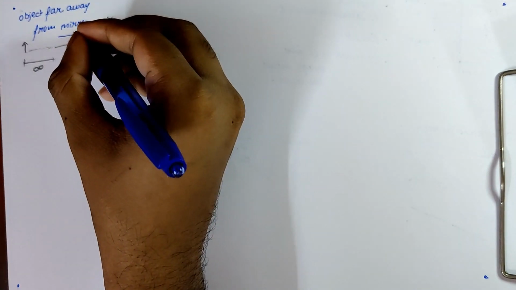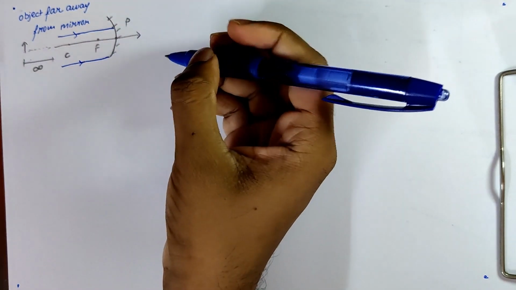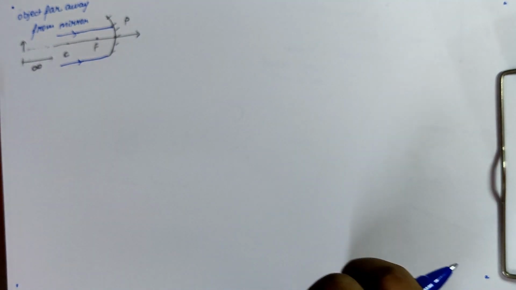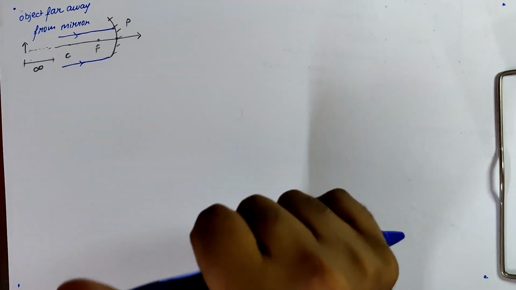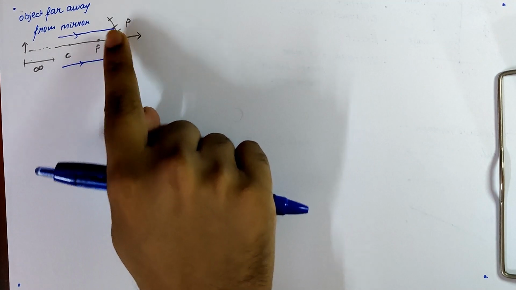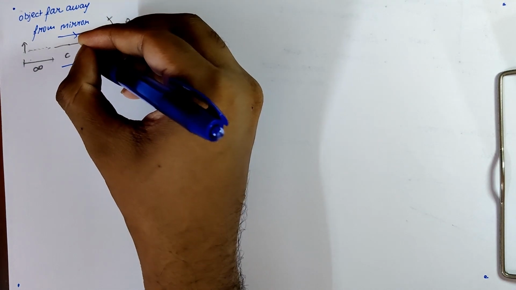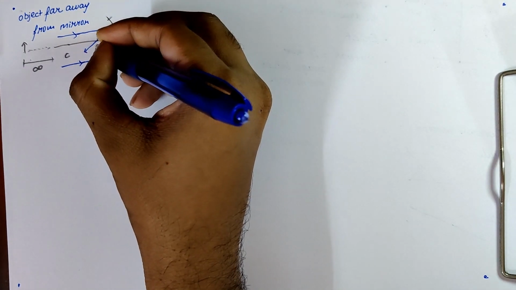So let us extend this light ray, and this meets that, and this meets this. Now by rule number 1, you know that all light rays parallel to the axis of the mirror will always end at the focus. So it ends at the focus.